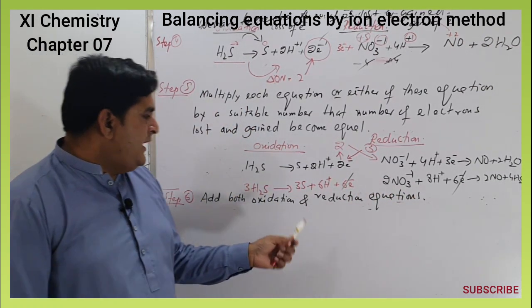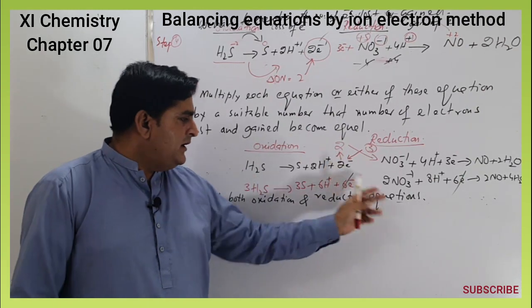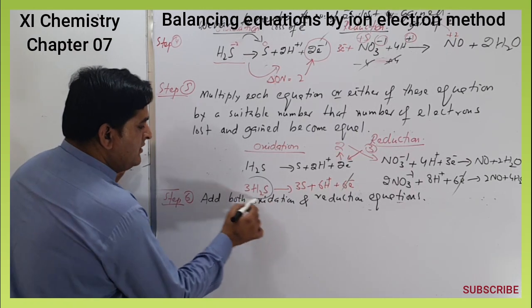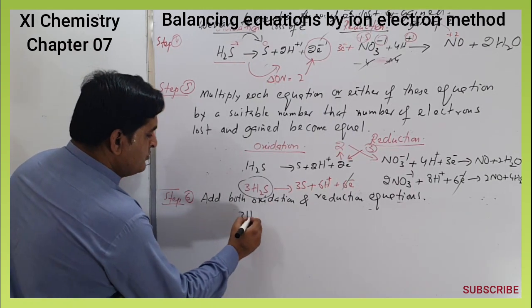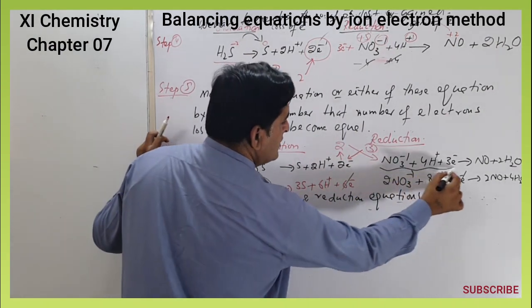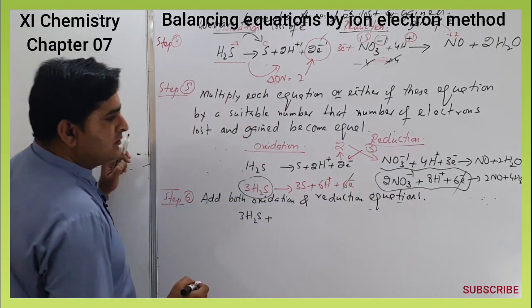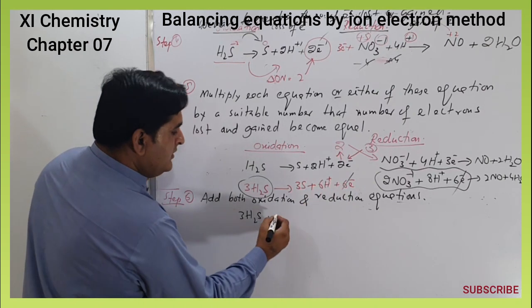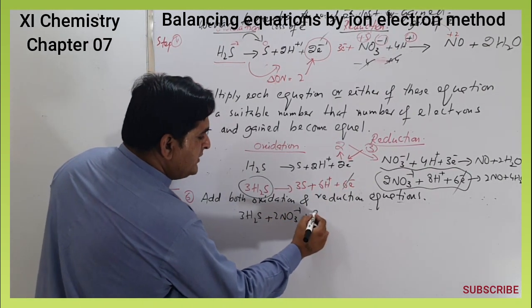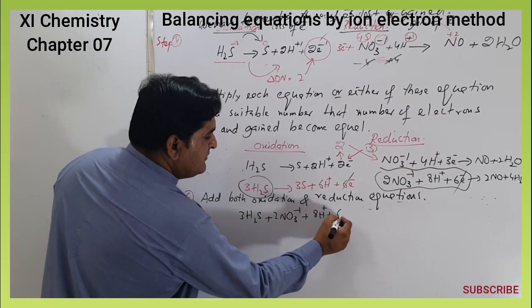How will we add these equations? Reactant at the reactant side and product at the product side. The reactants of oxidation are 3H2S. The reactants of the reduction reaction are 2 nitrate ions plus 8 hydrogen ions plus 6 electrons.